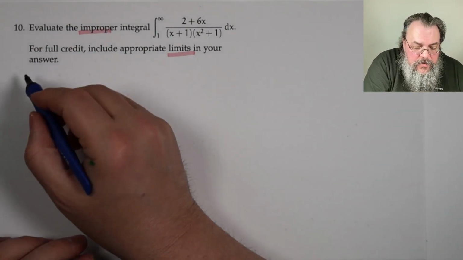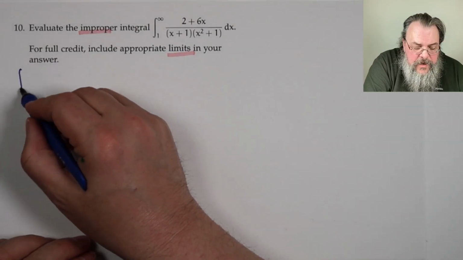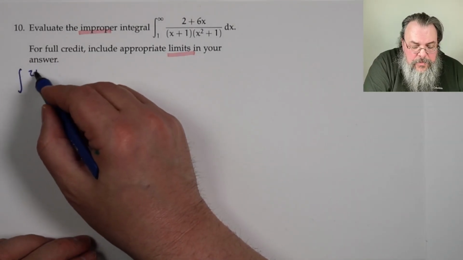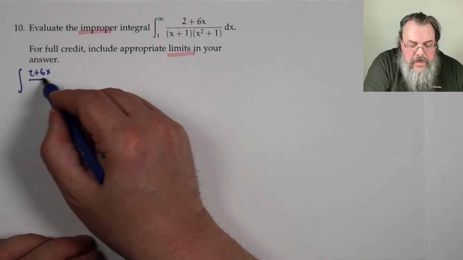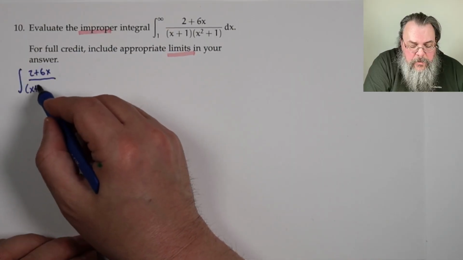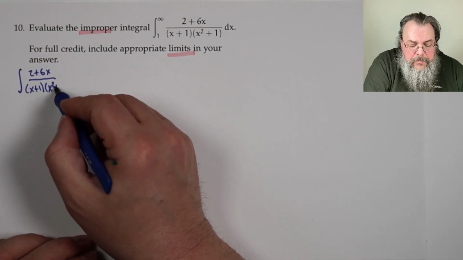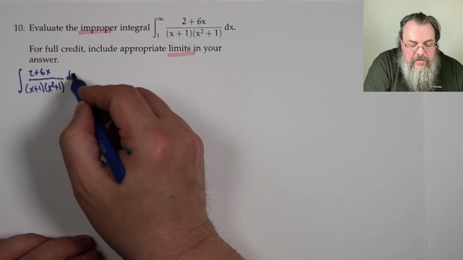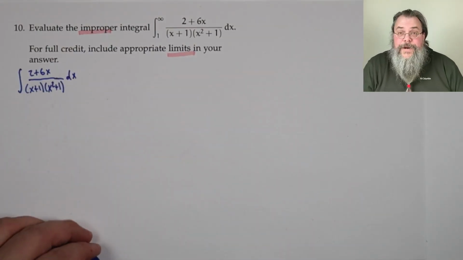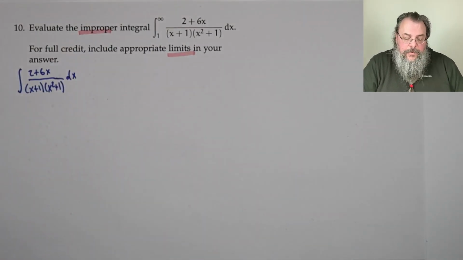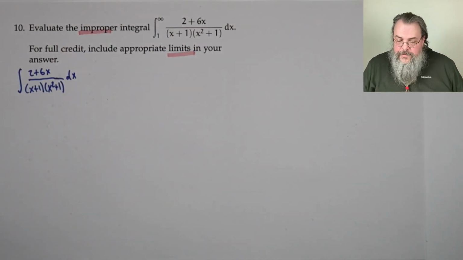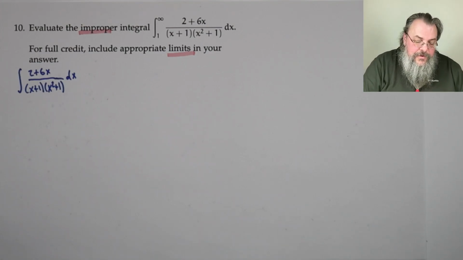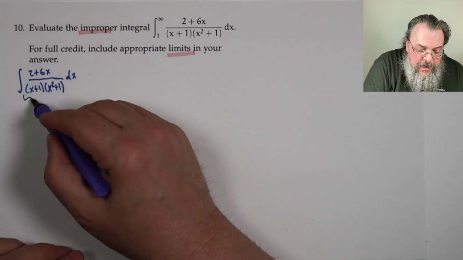So let's find the integral of (2 plus 6x) divided by (x plus 1)(x squared plus 1) dx. That's the integral we're after, and we're going to spend most of our time doing it by doing algebra. So let's do our algebra.